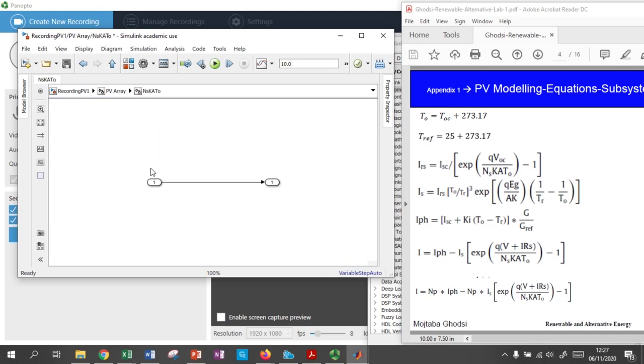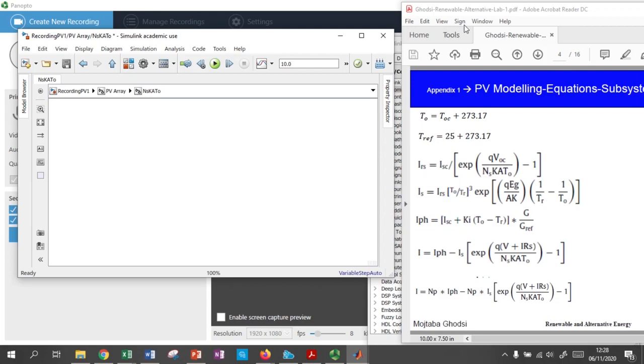I will go through this one. Right now I will remove this input and output, and I will make this one. We need NS, which is one input that depends on the number of series cells that we are using in the PV array.